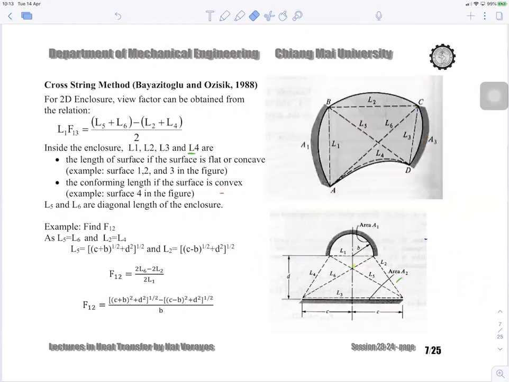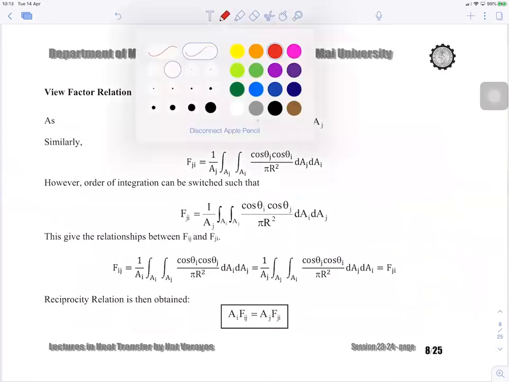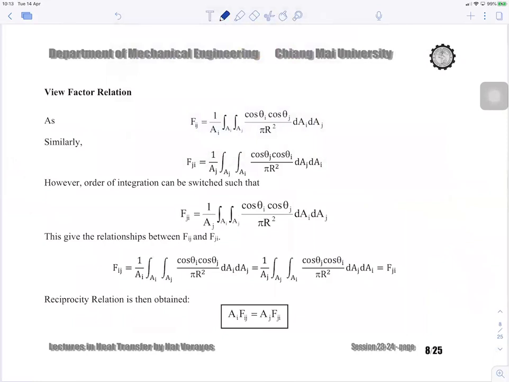Okay, we move to the next step. Well, it seems that we have to deal with surfaces, meaning many of them inside the enclosure.